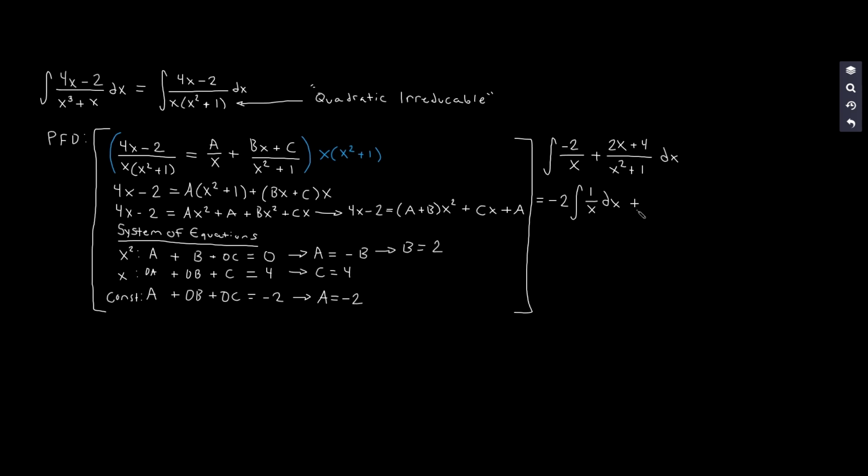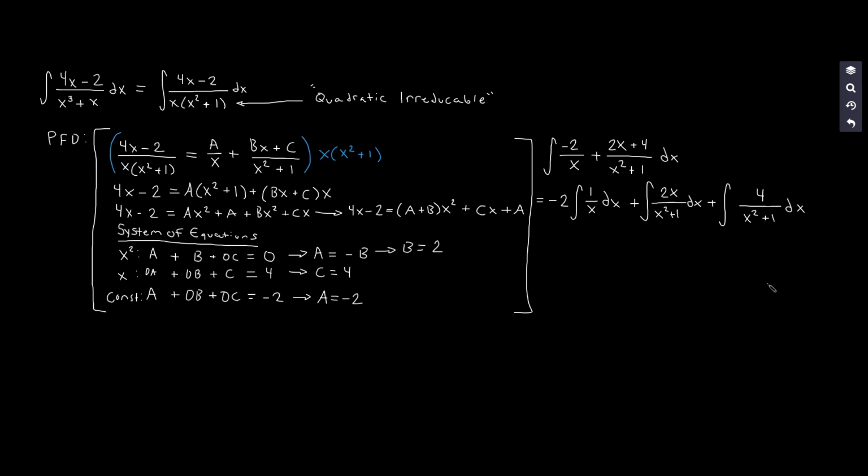So this is going to be plus 2x over x squared plus 1 integration with respect to x. And then this is going to be plus 4 over x squared plus 1 integration with respect to x.